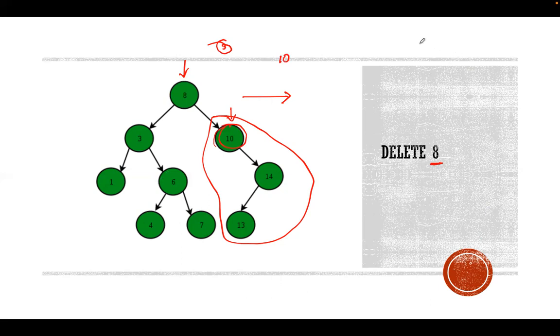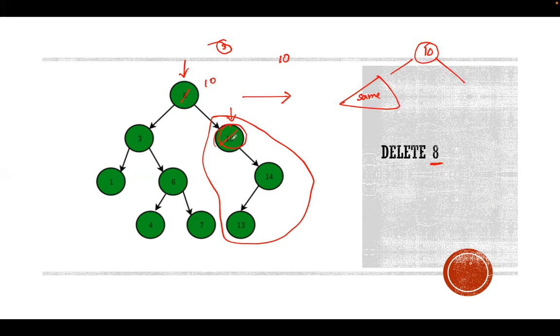So let's do that. Instead of 8, the root will now be 10. Everything in the left subtree will stay the same, but we have to adjust the right subtree. We replace the value 8 with 10, so now we have to delete 10. How can we delete 10?